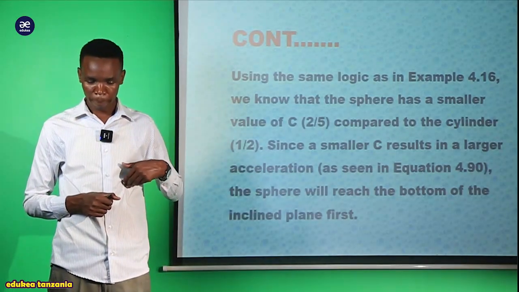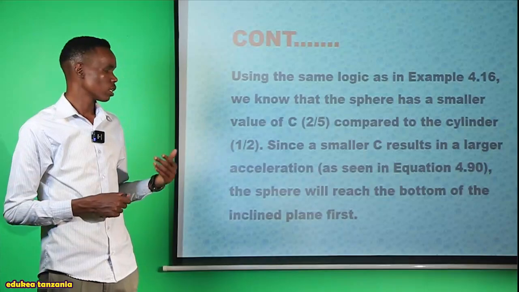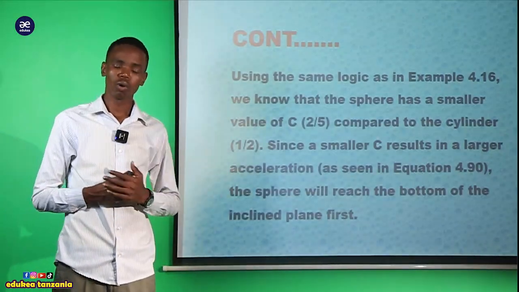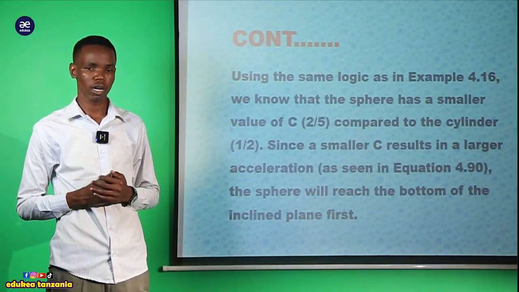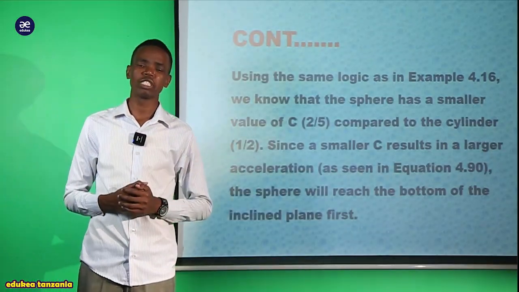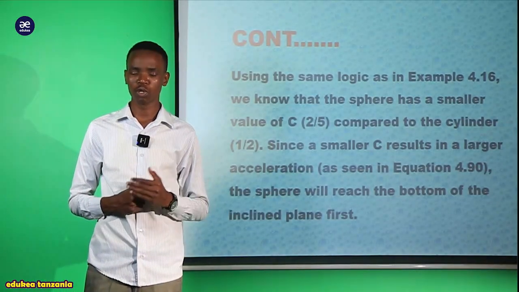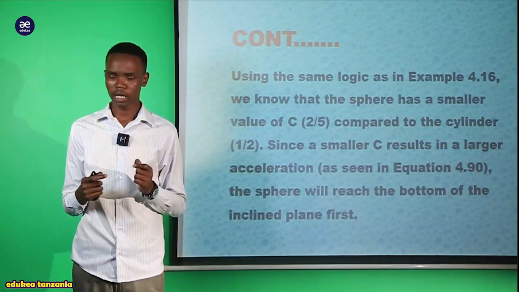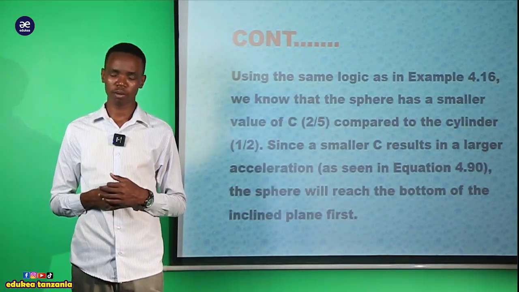Now let us apply the same logic that we used in our example number 16 for our fourth topic. We recall the dimensionless coefficient, which is valid for every rigid body.